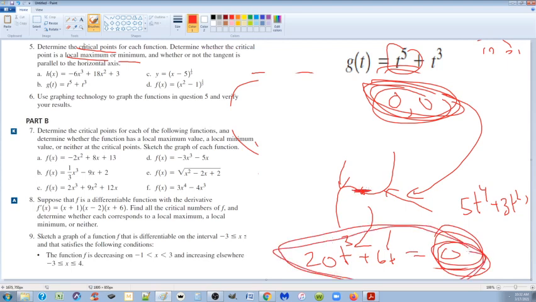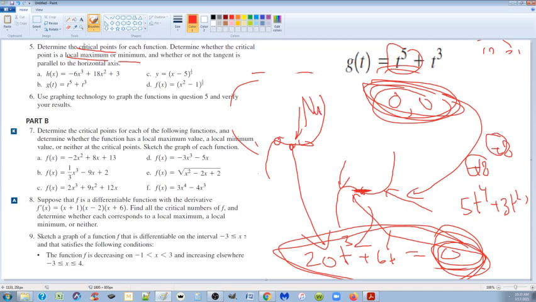That's a far more valuable tool in this case to see that it does that. However, I could have put 1 into this and discovered that it's 8, and negative 1 into this and discovered that it's also positive 8, and that with that double positive slope on either side, I would determine that it's not a max or a min. So when you encounter that, you can't discover any other critical points. Be aware.